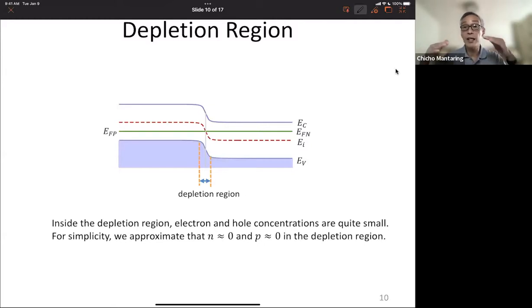And that causes a potential difference, because there's an electric field from the right to the left. From the perspective of the electron, that electric field is going to lower the energy of the electron. That lowering of the energy will cause the alignment of your Fermi level. And finally, this is how your energy band diagram will look at equilibrium.